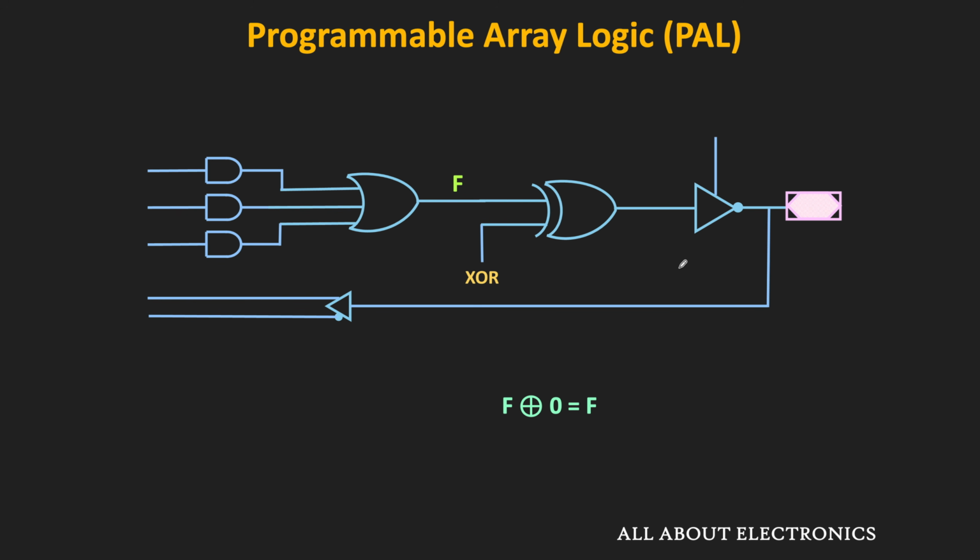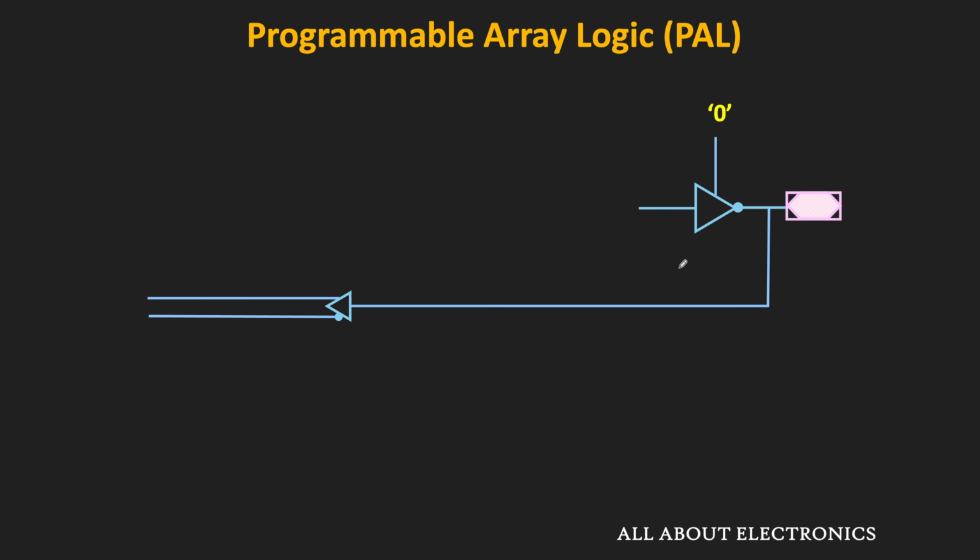That means if we see the output of the XOR gate, then that is equal to F. Now in this condition, if the control input is equal to 1, then the overall output will be equal to F dash. So basically, whenever the control input is equal to 1, then this tri-state inverter will invert the XOR gate output one more time. But whenever this control input is 0, then this tri-state inverter will act as an open circuit. And in this condition, it will isolate the OR gate output from the output pin.